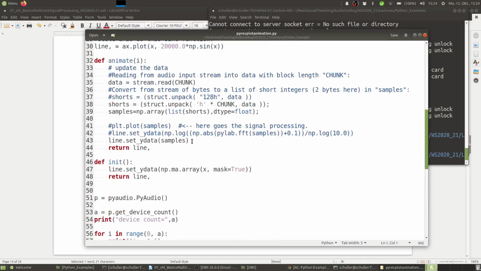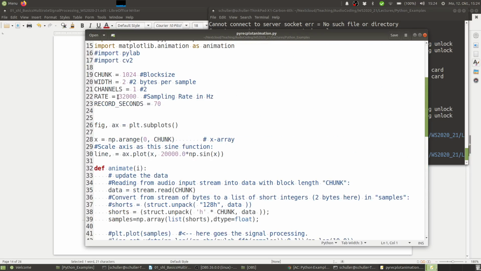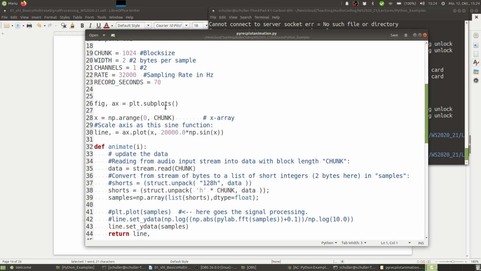The rate, let's see, what did I set here? The rate here is now 32,000 samples per second. We have 1 channel, mono. We have a chunk or block size of 1024 samples. So it reads 1024 samples with each access to the sound card. And this is the total length that it plays back.